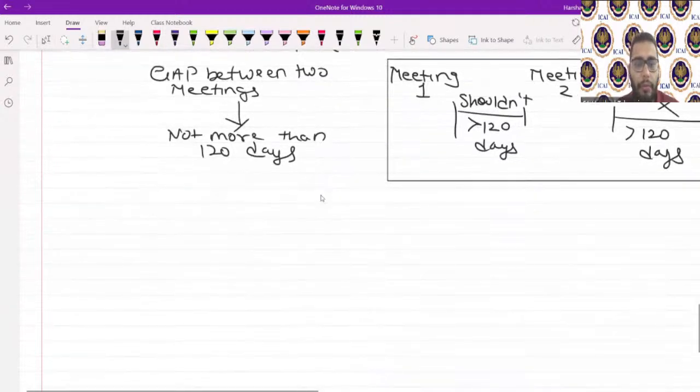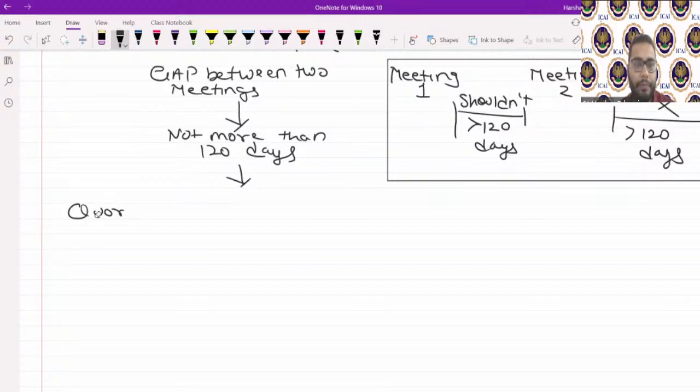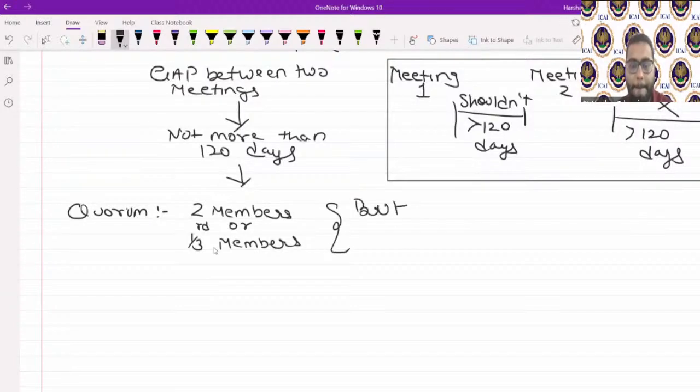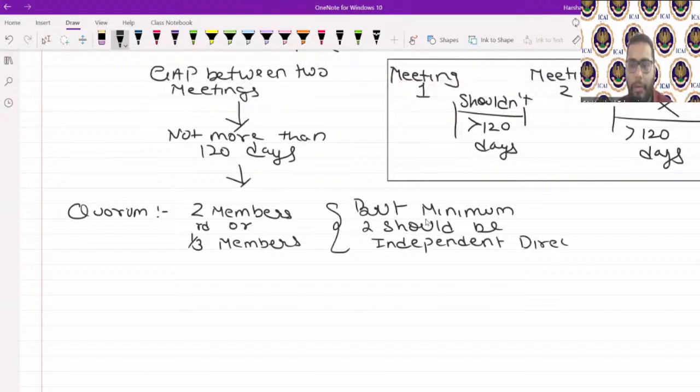Now, once they meet, the quorum should be either 2 members minimum or 1/3 members, but out of these 2 members or 1/3 members, a minimum of 2 should be independent directors.